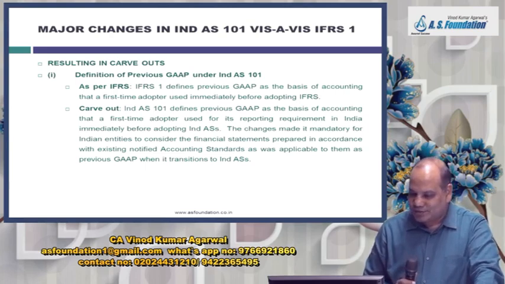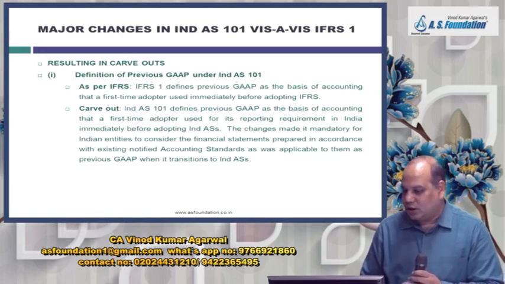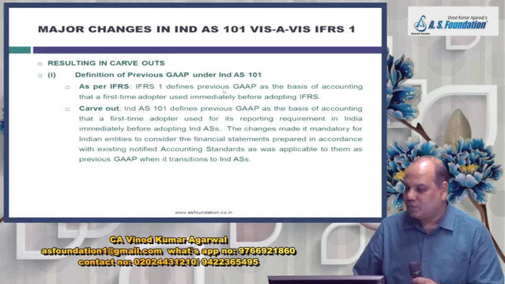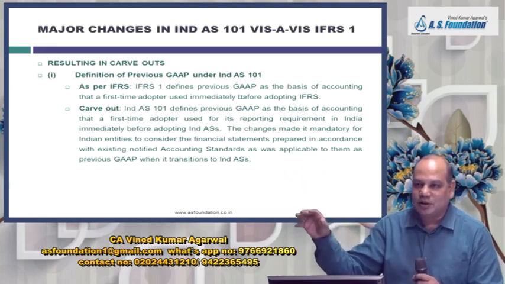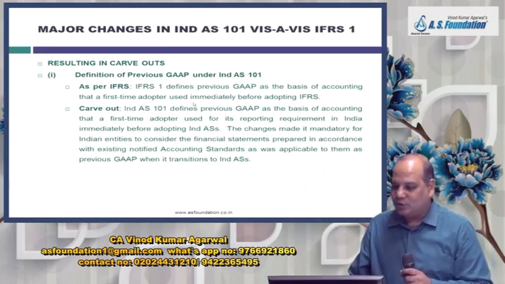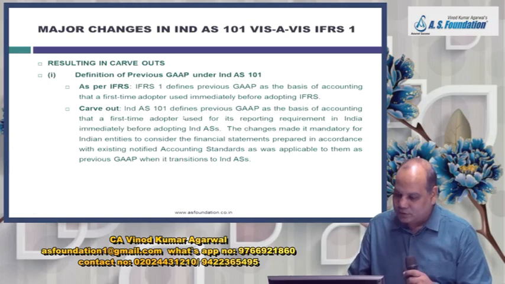So one is the definition of previous GAAP under Ind AS 101. In IFRS 1, there is no specific mention of previous GAAP. They have not specified US GAAP, Indian GAAP, Companies Act, etc. They have only said whatever accounting practice you had followed before adopting IFRS.